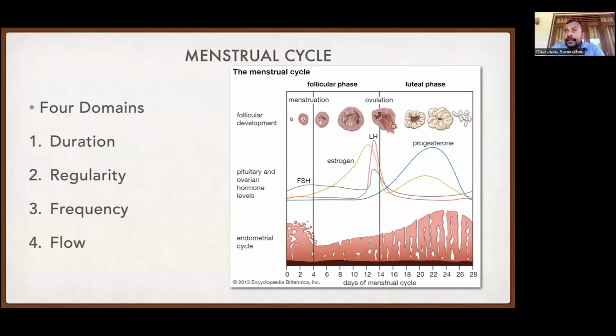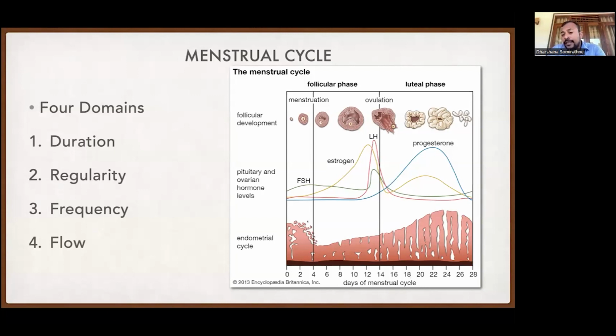Then what happens with the estrogen? The endometrium gets thicker and thicker. The initial 14 days we call the follicular phase, or the proliferative phase when it comes to the endometrium. Then at day 12 to 14, with the LH surge, ovulation occurs. With ovulation, the corpus luteum formation starts and the progesterone level goes up.